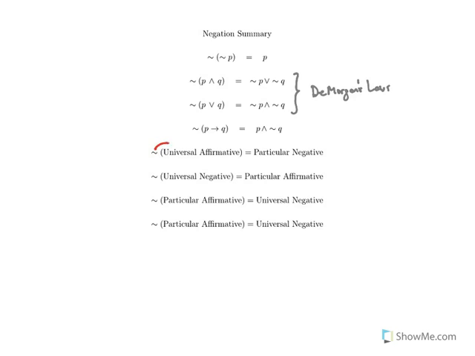And again, you can think about this as distributing that not to each part, and just knowing that the opposite of universal is particular, the opposite of affirmative is negative, and all the way down the line. This is probably the most complex part, how to deal with the negations, and then the conditionals probably on top of that. We're going to look at the conditionals in a lot more detail in the next video.